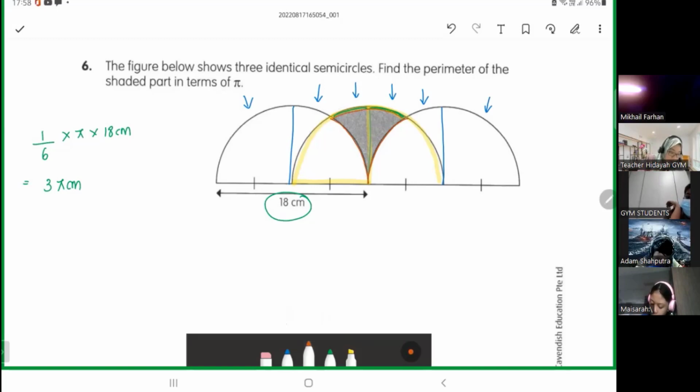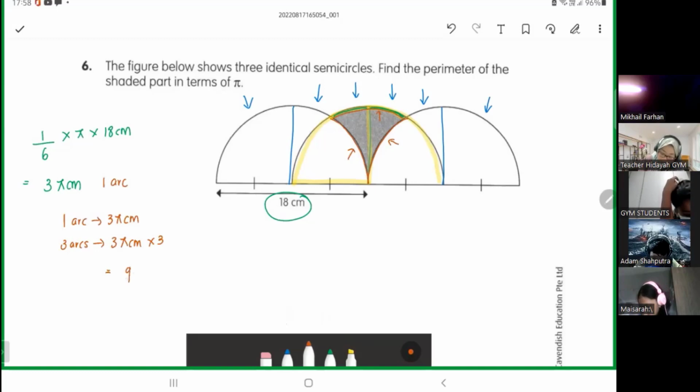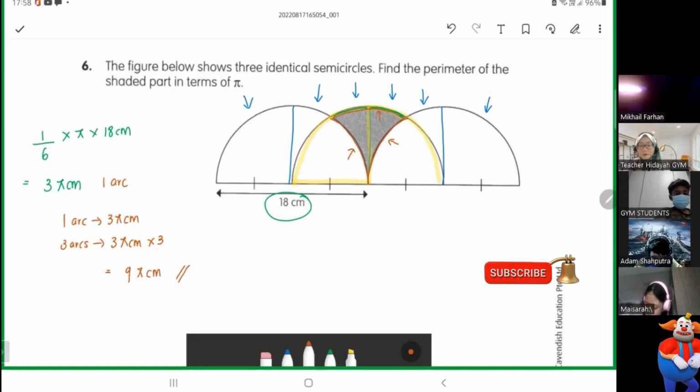I have 3 arcs. One arc is 3 pi cm, so 3 arcs will be 3 pi cm times 3 equals 9 pi cm. Answer.